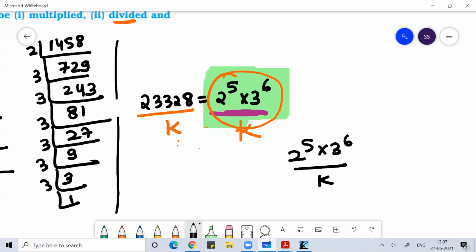Or 3 to the power of 4, 2 to the power of 5? You divide by that much big a number. They're asking you for the least number.